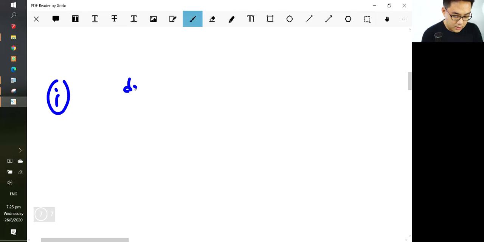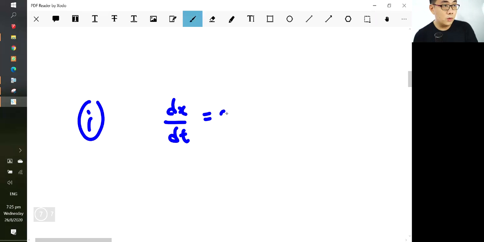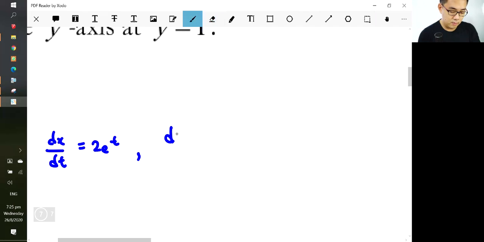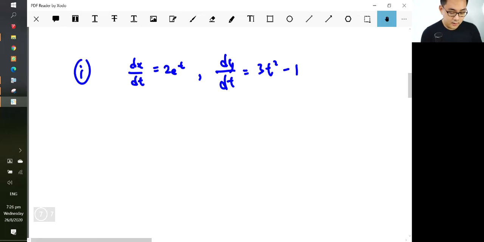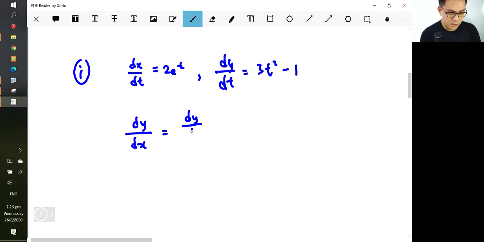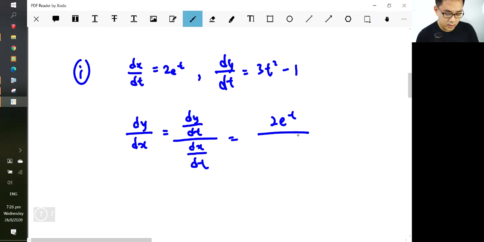So dx/dt would be 2e^t. dy/dt would be 3t squared minus 1. So dy/dx would be dy/dt divided by dx/dt, which will give us (3t squared minus 1) over 2e^t.